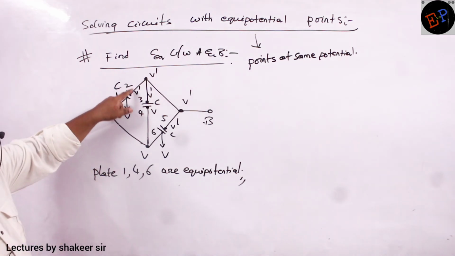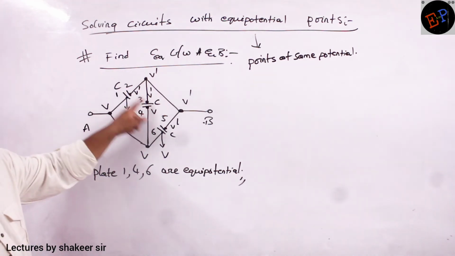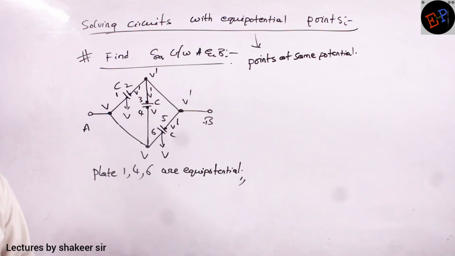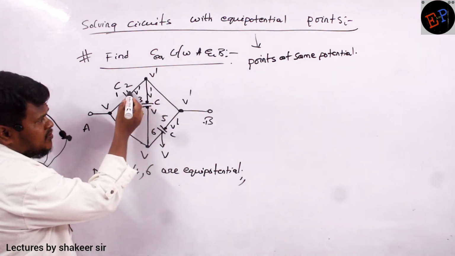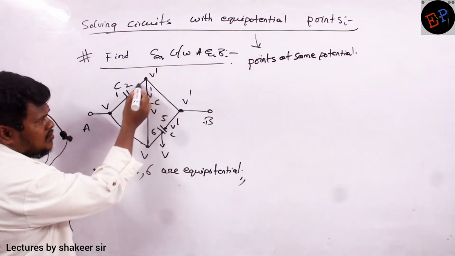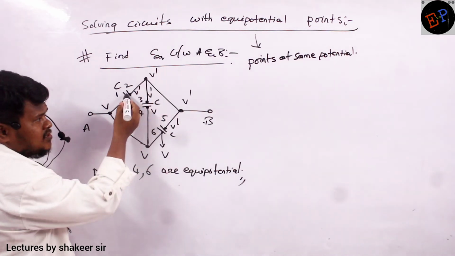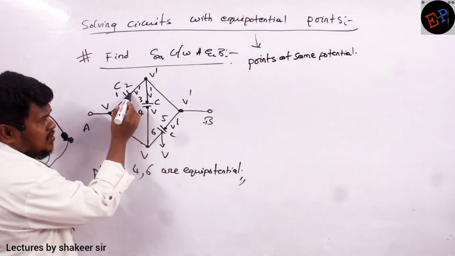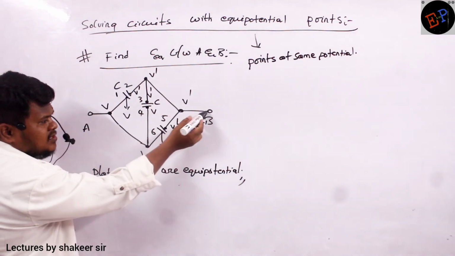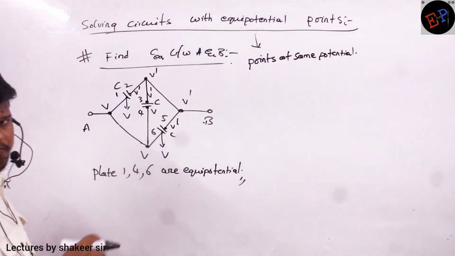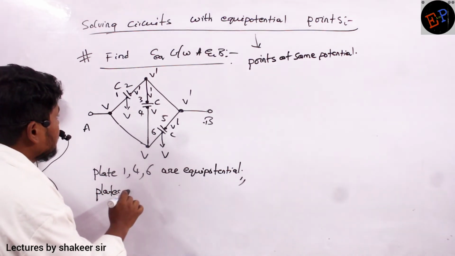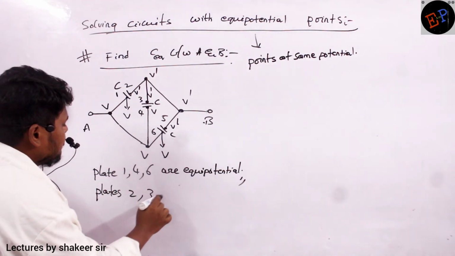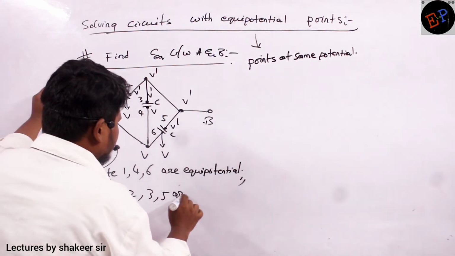So plates 2, 3 and 5 are at the same potential, because if I travel up to here, there is no component, no resistor, no capacitor. So here also the same potential will exist, just like point B. Okay? So plates 2, 3, 5 are equipotential.